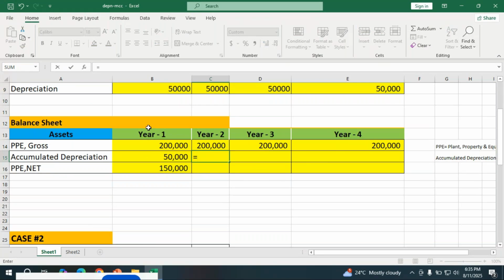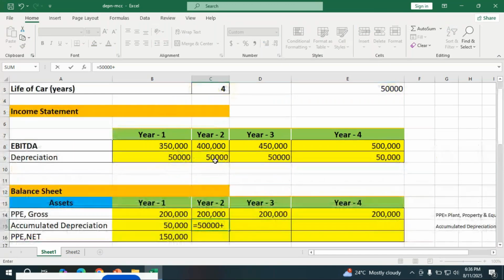I'll repeat again. For the first year, 50,000 is the depreciation which is calculated, and for the second year, it is accumulated depreciation that we enter, which means 50,000 of the previous year plus the current year depreciation of year 2.